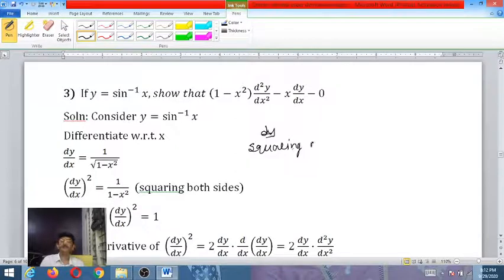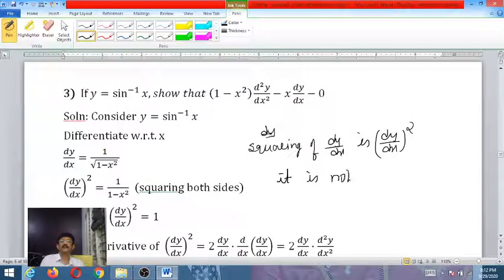Squaring of dy by dx is dy by dx whole square. It is not d square y by dx square. It is dy by dx whole square. Here 1 square is 1. Root and square cancel. It is 1 minus x square.